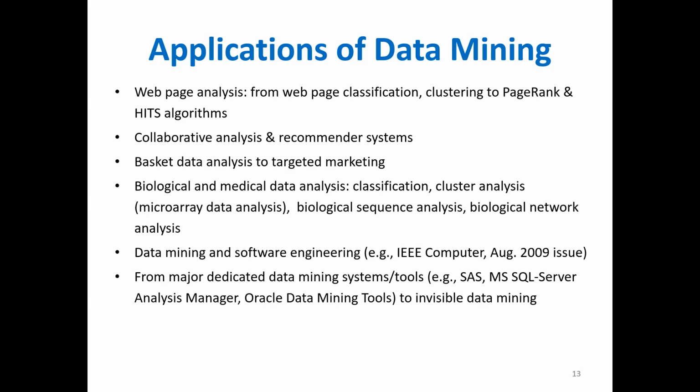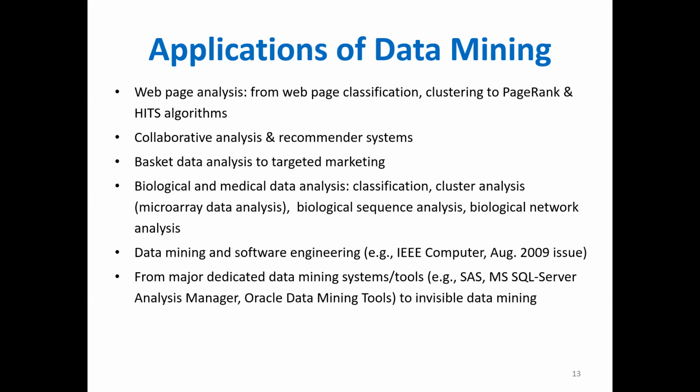Now you already know that major e-commerce systems use recommendations. They give you some recommendation after a purchase or after searching. All these recommendation systems are built with the help of data mining. I already told you about association and correlation, where there is some analysis on the basis of your cart or basket that you build in any superstore.